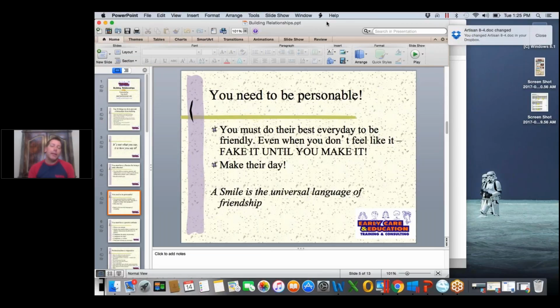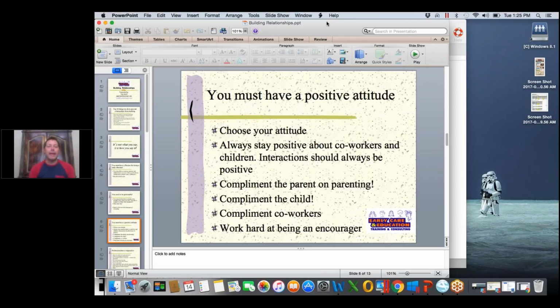All right. Next one, again, we got to have positive attitudes, and we have to teach the children that they get to choose their attitude. And this is probably one of the biggest skills to teach young children, and in my opinion, to set them up for success, is that when things don't go your way and you have struggles, that you get to choose your attitude.